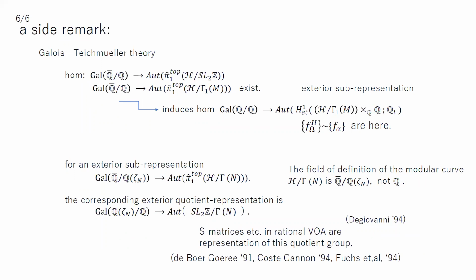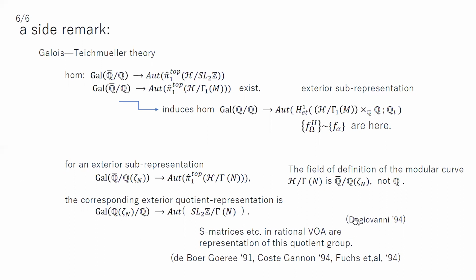We might think of the Galois group acting on the matrix elements of the representation matrices of the S transformation and T transformation. In the case of a rational VOA, those matrices turned out to have matrix elements in the rational algebraic numbers, so we can define a Galois group action. And various theory has been built on it.